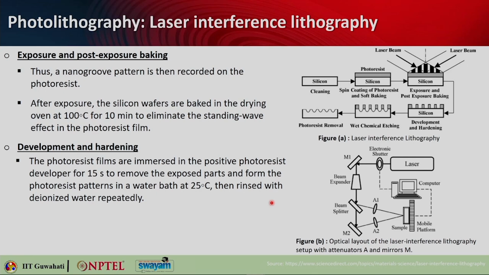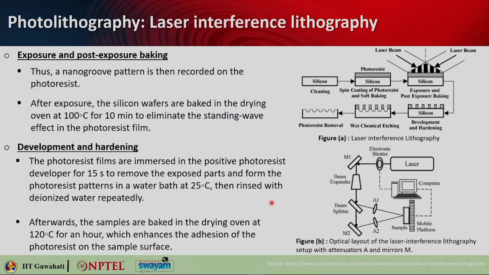This is how you do the development of the patterns, and afterwards you want to harden it. The samples are baked in the drying oven at 120 degrees centigrade for an hour, and this enhances the adhesion of the photoresist on the sample surface.